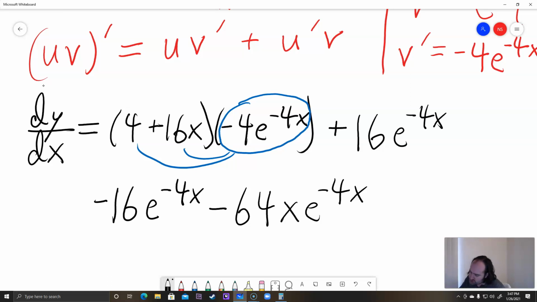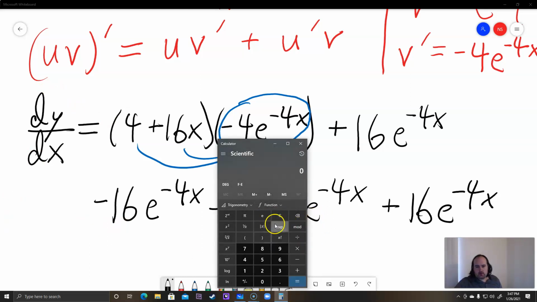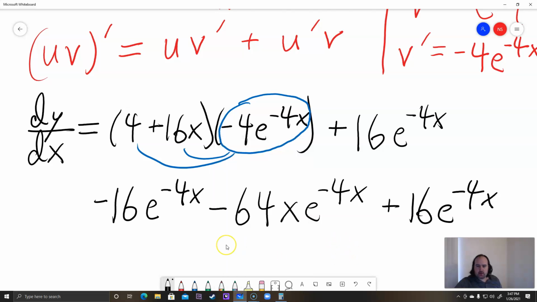And then don't forget we still have a positive 16 e to the negative 4x at the end here. If you can't do multiplication like that in your head, you can always write it out or just type it into a calculator. But I'm pretty sure that 4 times 16 is 64, so I'm good.